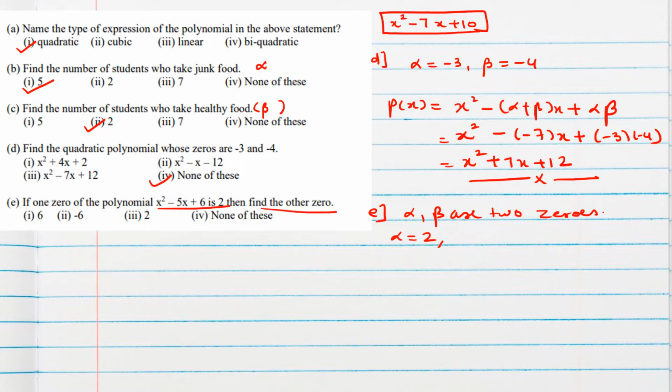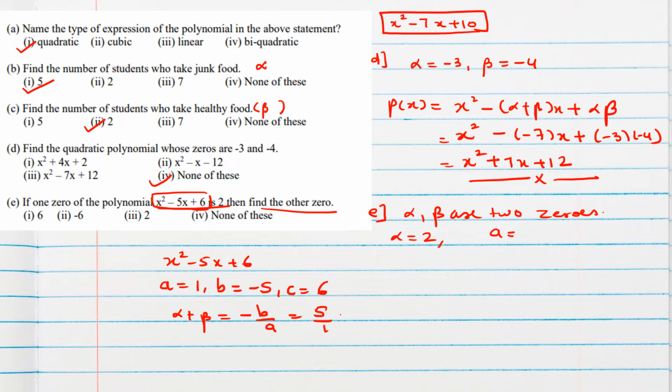Okay. Now here in this question, we can find the value if we compare x square minus 5x plus 6 with the standard one. A will be 1, B will be minus 5, C will be 6. Okay. So alpha plus beta value will be minus b by a, that is 5 by 1, which is 5. So alpha plus beta is 5, but alpha is 2 given.